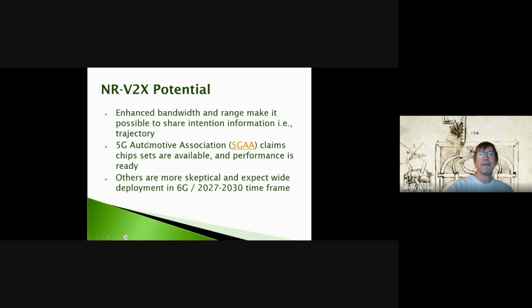There's a 5G Automotive Association, 5GAA, an industry group. It claims that chipsets and performance are already ready. They've done some trials in Michigan. I think 5GAA is based out of Detroit, Michigan. Others are more skeptical and expect wide deployment more in the 6G, 2027 to 2030 timeframe.